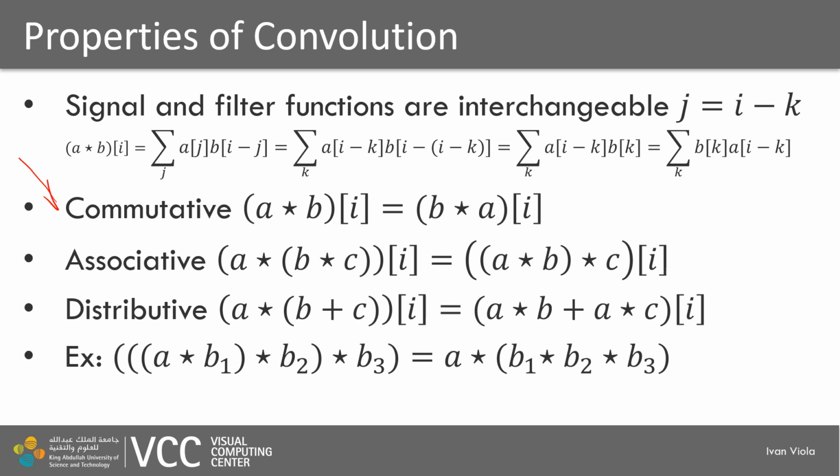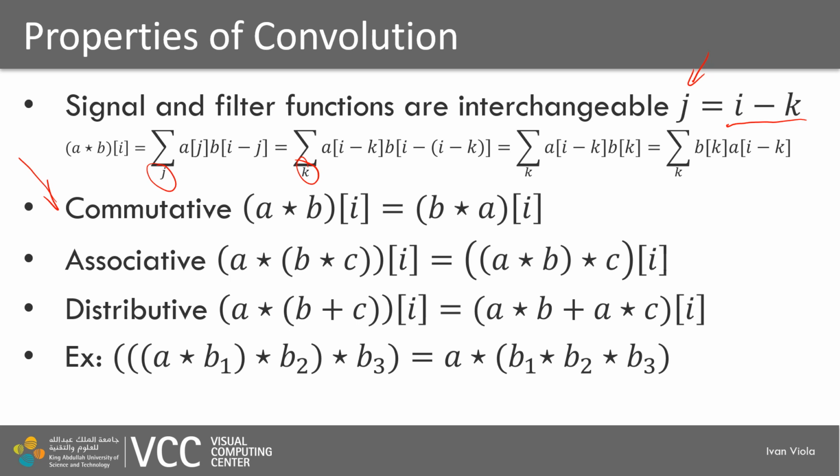We can see it here when we exchange the iterator j, which we were using in the convolution, with the values i minus k. If we now change this iterator to this slightly different formulation, then we will see that the iterator changes to k.